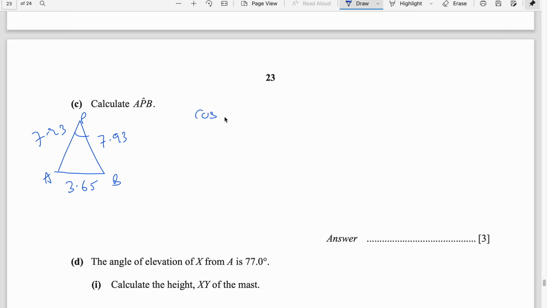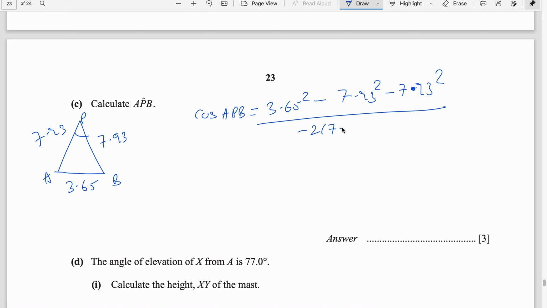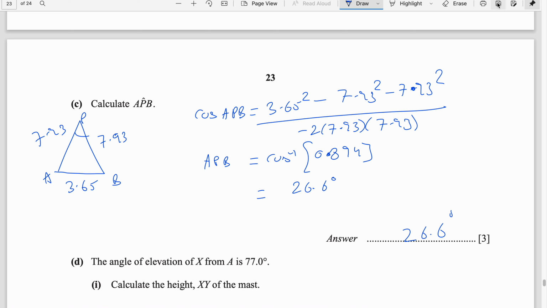So cos of APB is 3.65 squared minus 7.93 squared minus 7.93 squared, divided by minus 2 into 7.93 into 7.93, and APB is cos inverse of 0.894, leaving an angle of 26.6 degrees to 1 decimal place.